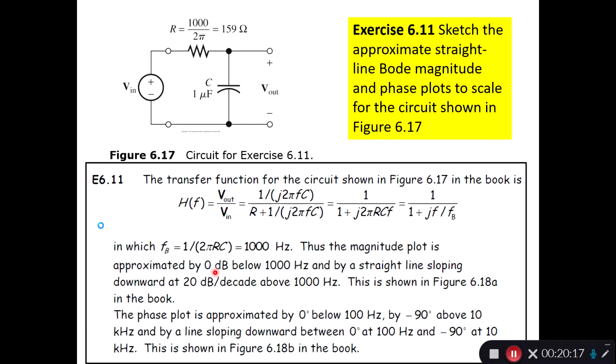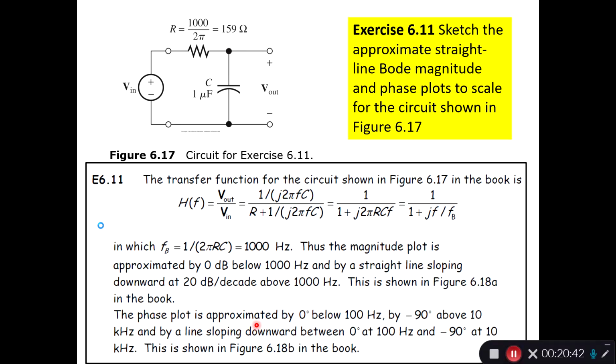So, for frequencies below 1000 Hertz, the Bode plot for the magnitude is a straight line up to the break frequency. And after the break frequency, it slopes down with 20 dB per decade.